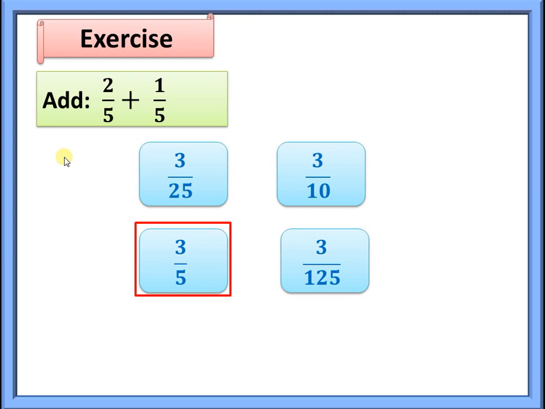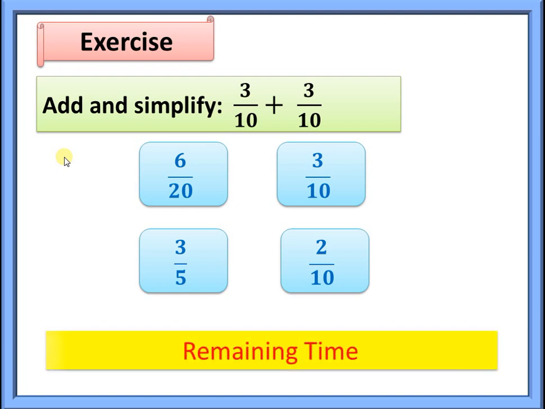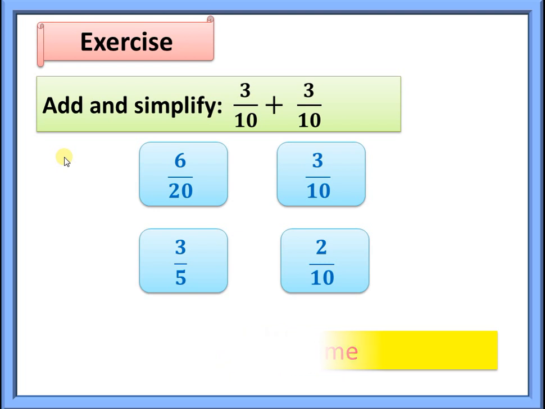Let's have our next problem. Add and simplify 3 over 10 and 3 over 10. Timer starts now. Time is up. And the answer is 3 over 5.